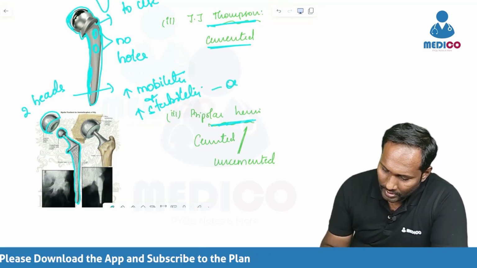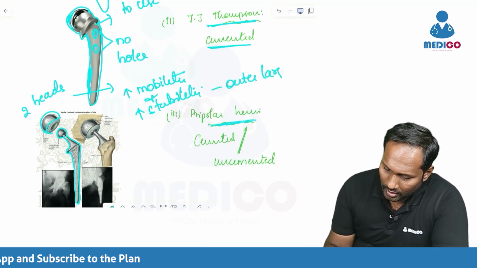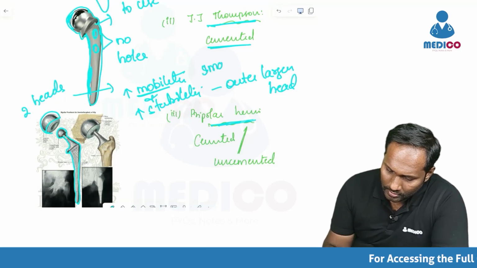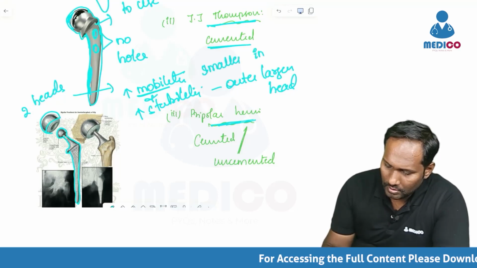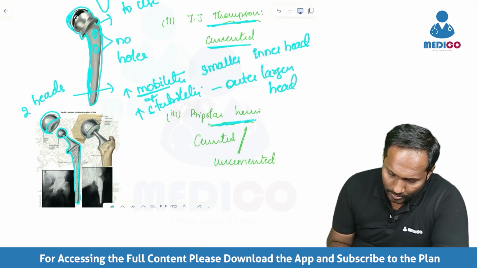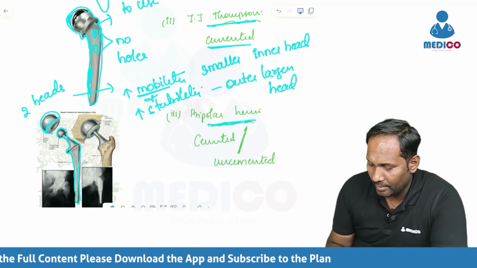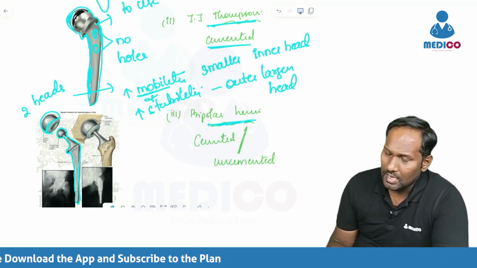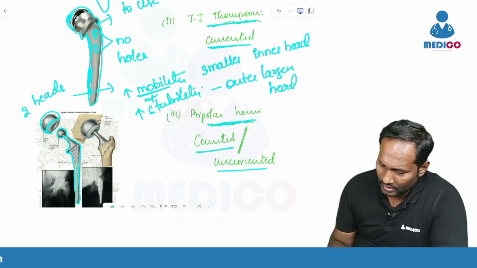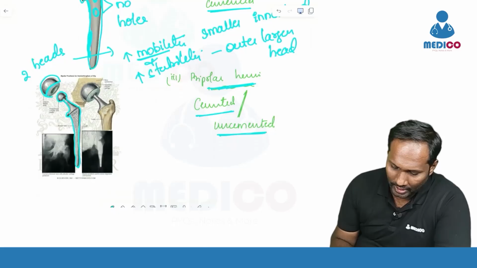The stability is given by the outer larger head. Increased mobility is given by the smaller inner head. So it will be 2 components. This is called bipolar hemiarthroplasty. They are also of 2 types, either cemented or uncemented ones. Both can be used.